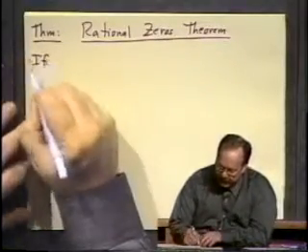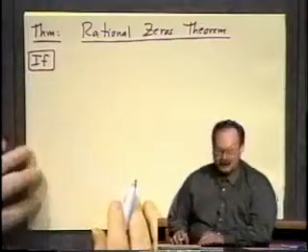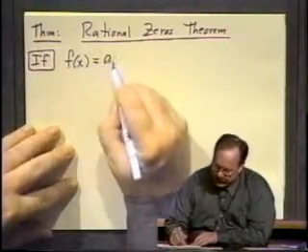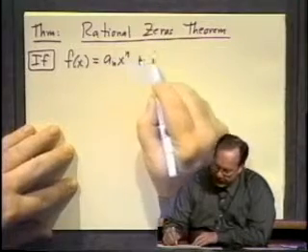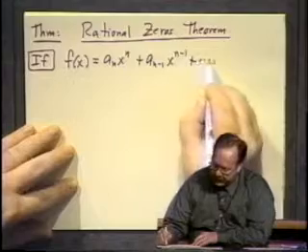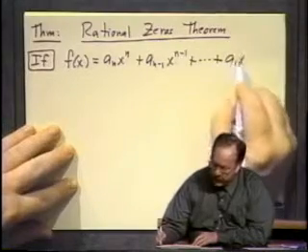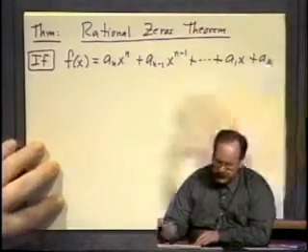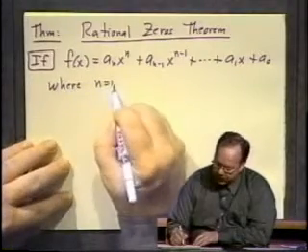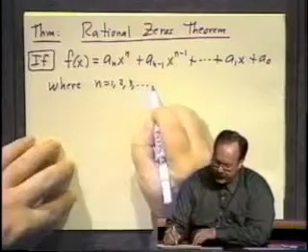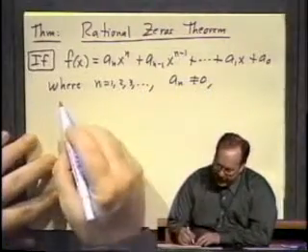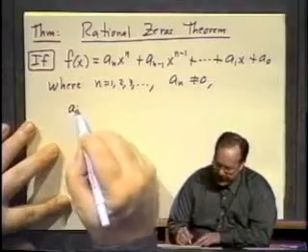If, now we have to write out our real polynomial in general, so if f of x equals a sub n x to the n plus a sub n minus 1 x to the n minus 1 plus dot dot dot down to a sub 1 x plus a sub 0, where, as usual, n is equal to 1, 2, 3, etc., and the leading coefficient is non-zero, and we continue with properties we didn't have before.